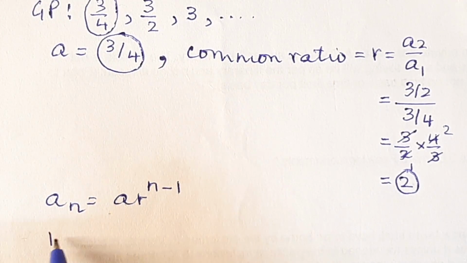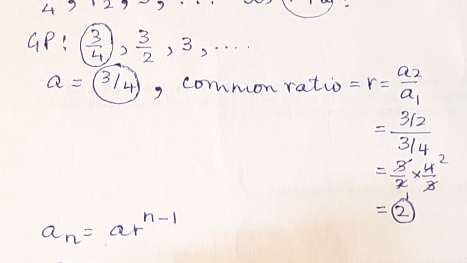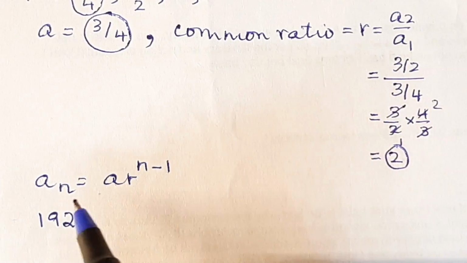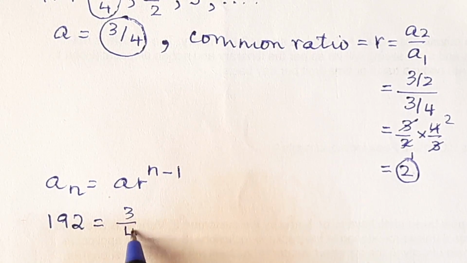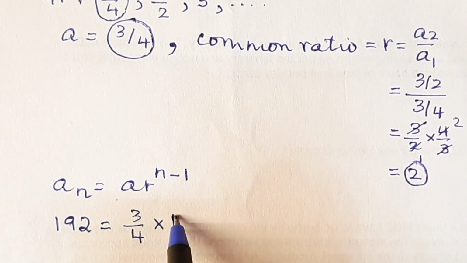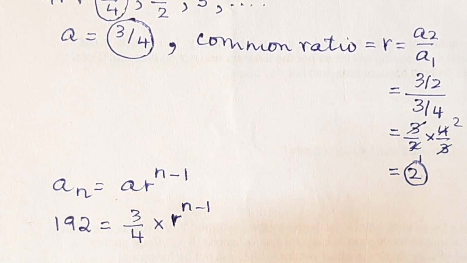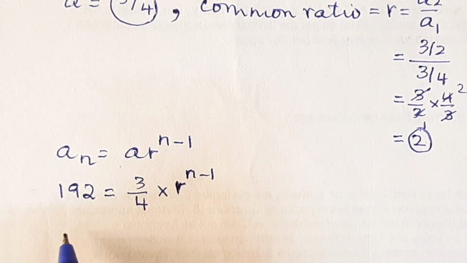So we have 192, which is the nth term. We write it over here this way. A is 3/4 multiplied by r to the power n minus 1. And so we take this 3/4 to the other side.